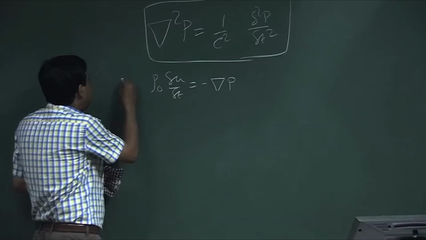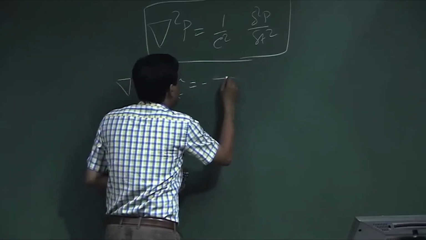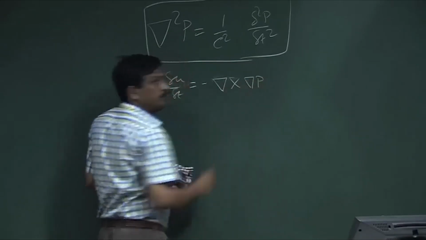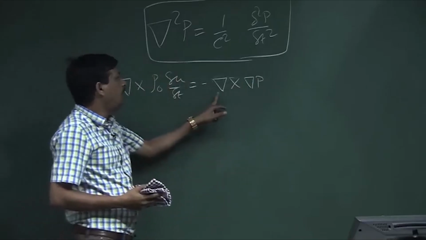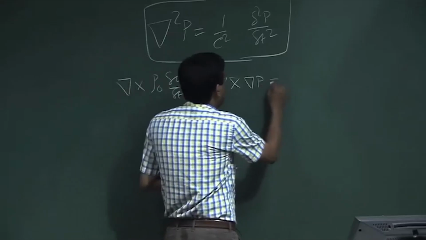Now, if I take the curl on both sides, the curl of a gradient is equal to 0, so the right side is equal to 0.